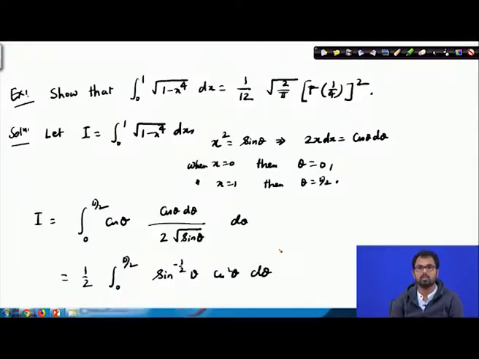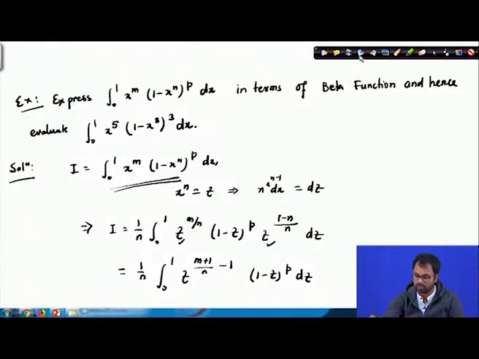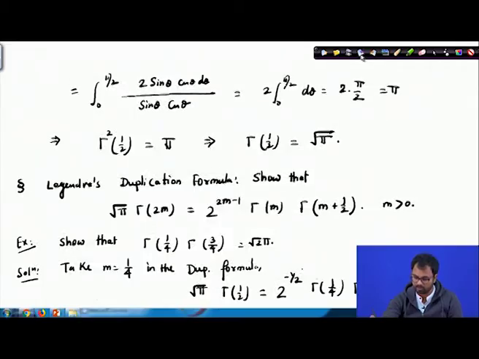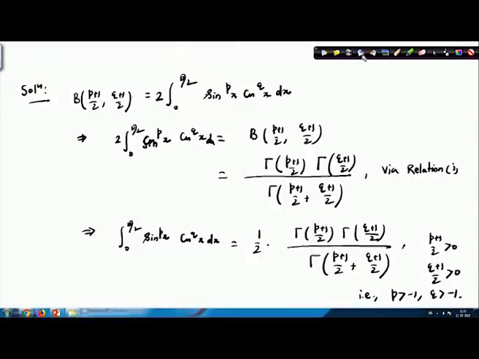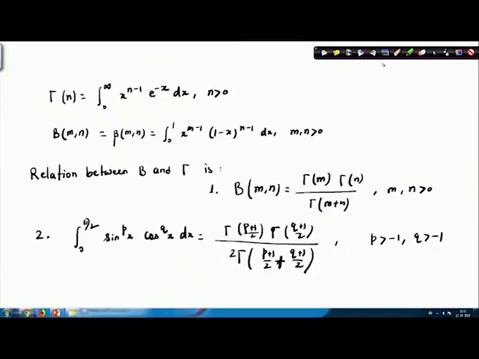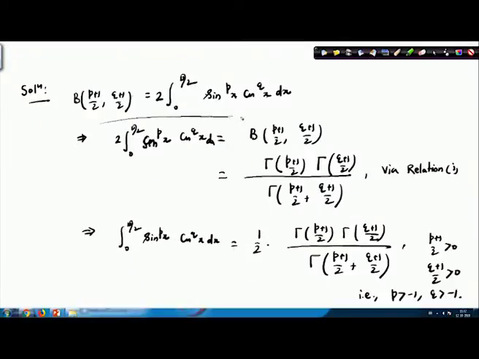Now we will use the beta formula for the integral of sin to the power p theta times cos to the power q theta. Here p and q are both greater than minus 1. Instead of p I will choose minus half, and instead of q I will choose 2.